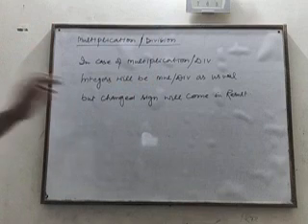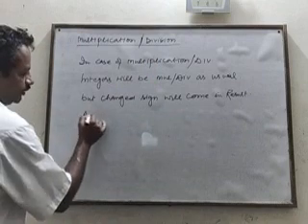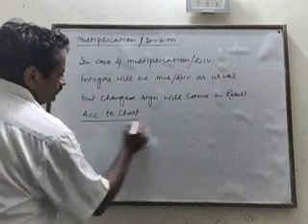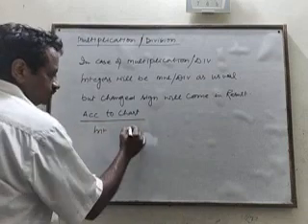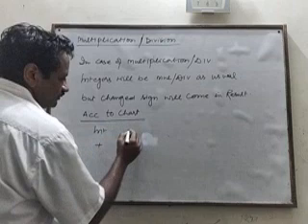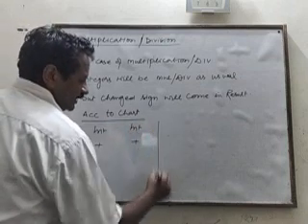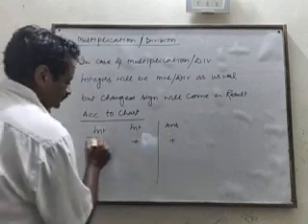Now how will the sign get changed? According to the chart. If the first integer is positive, and the second integer is also positive, then in the answer plus sign will be there.